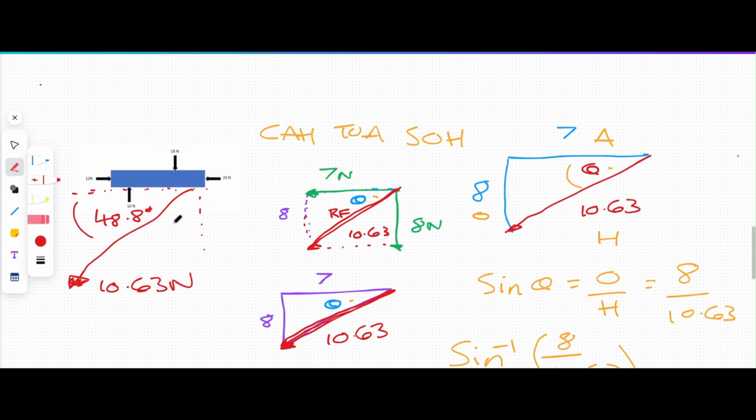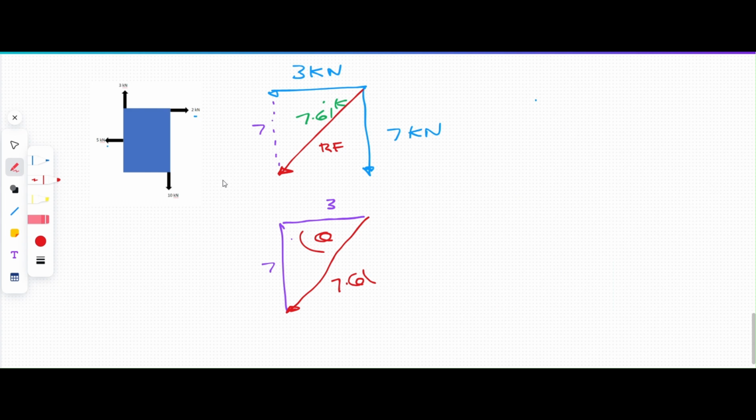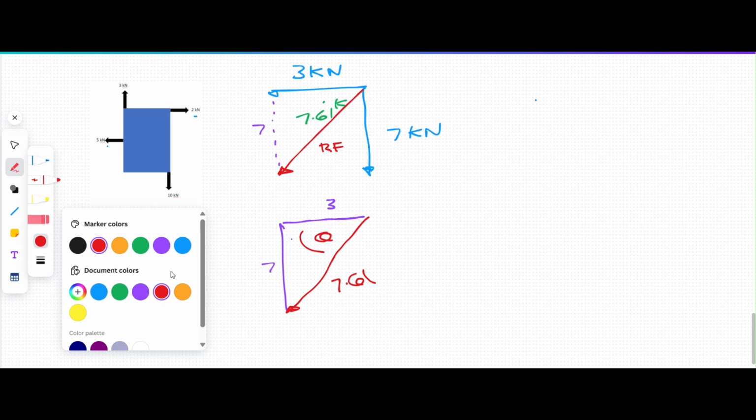Well, that one is just 90, take away 48.8, isn't it? So again, we've got resultant force of 10.63. We know it wants to come down this way at an angle from that horizontal, 48.8. So a number 4, get a pen. This one.